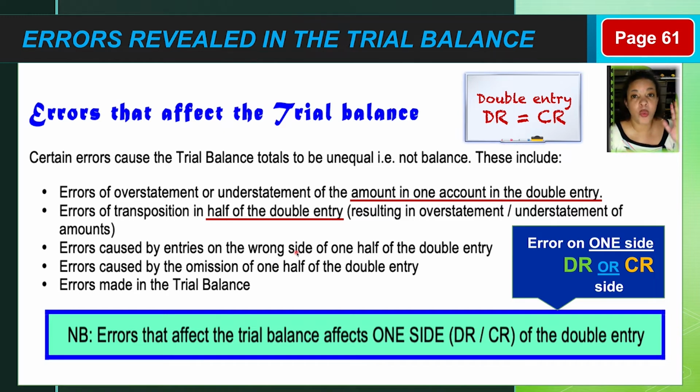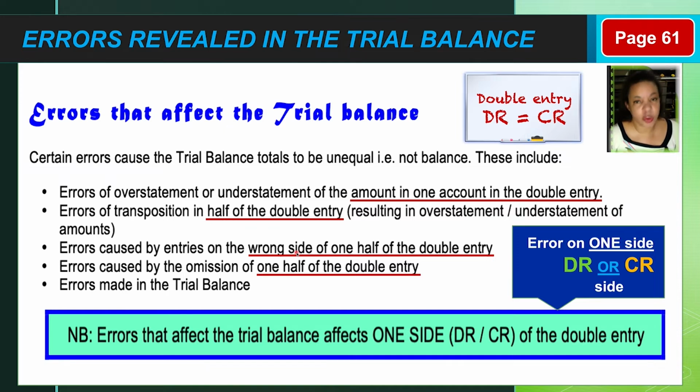This is only one account or one side, the debit or the credit, where they put it on the wrong side, which means that instead of having a debit and a credit, they had 2 debits. That is a no-no. Or they had 2 credits. No-no. So only one of them will have to be corrected. You're not going to correct both of them and then have them both on the other side, right? Make sense? So wrong side, but this time on only one half of the double entry or one account.